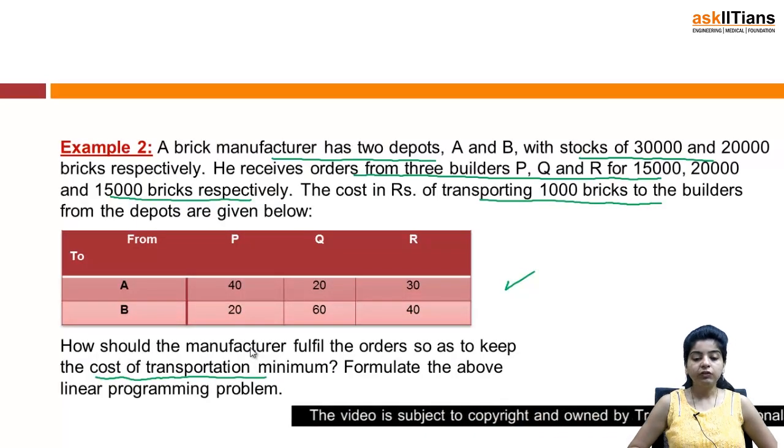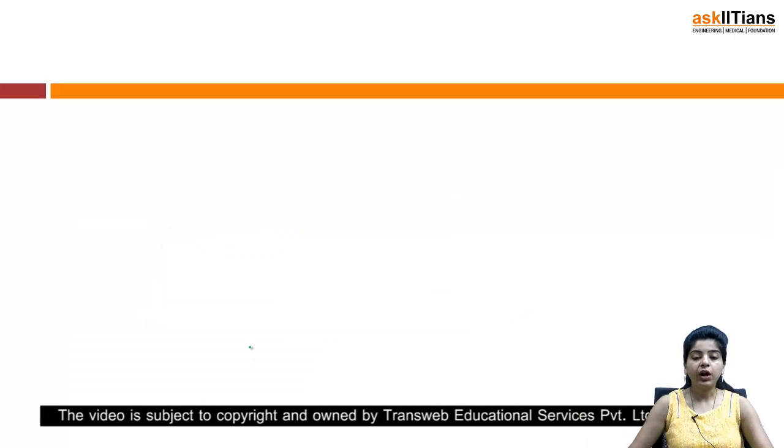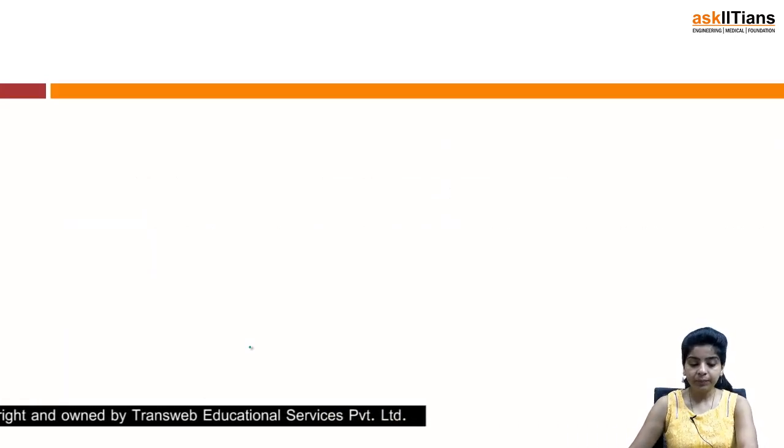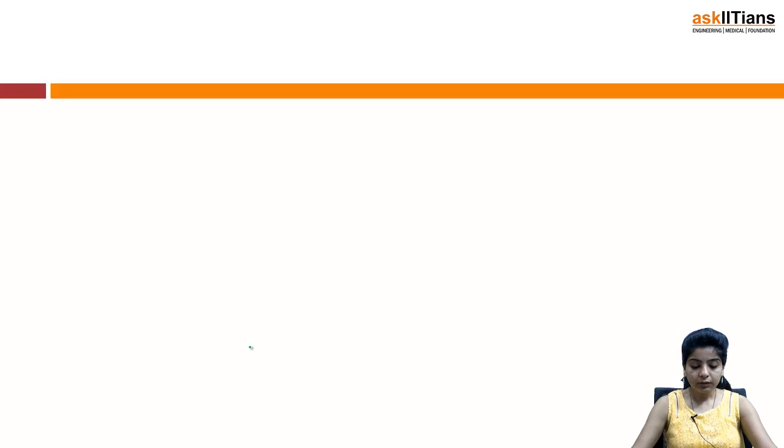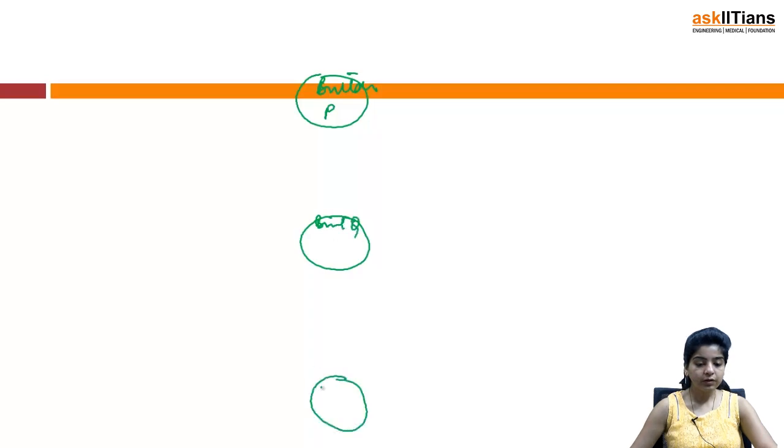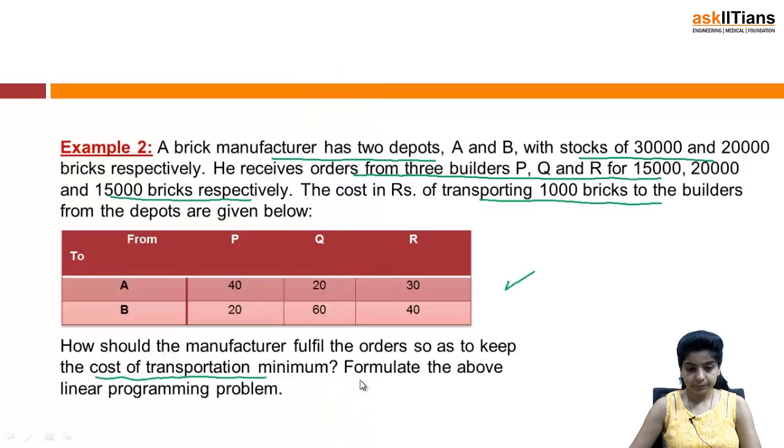Okay, so we are given this information. Again, we will try to just draw a diagram and the things will be quite simple. We can just write down here builders. So I have builder P, then I can take here builder Q, then builder R, right?